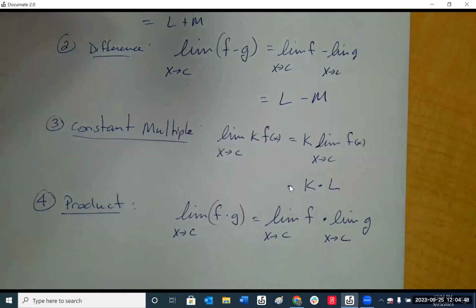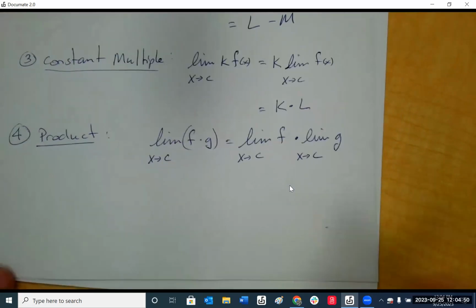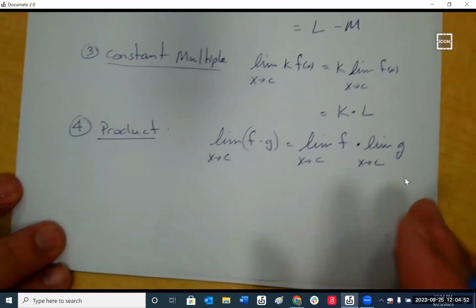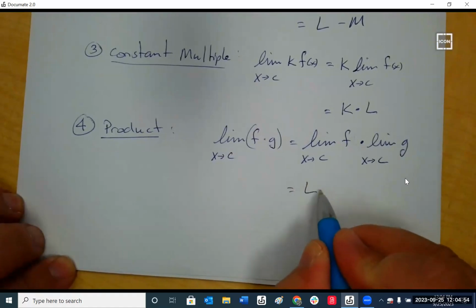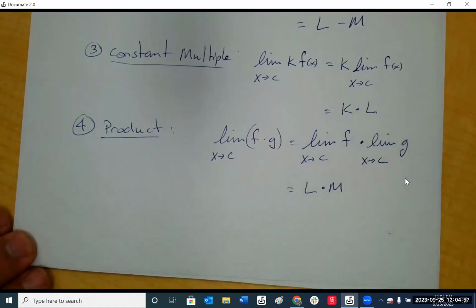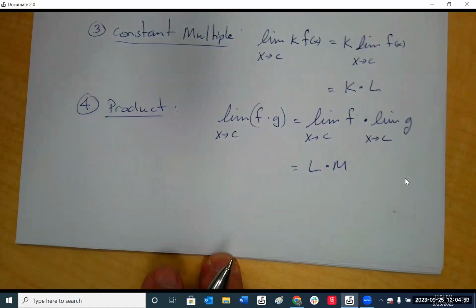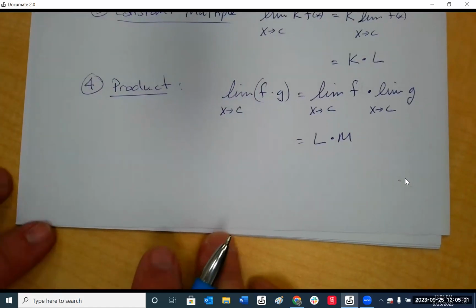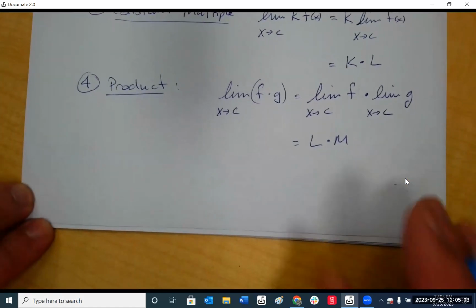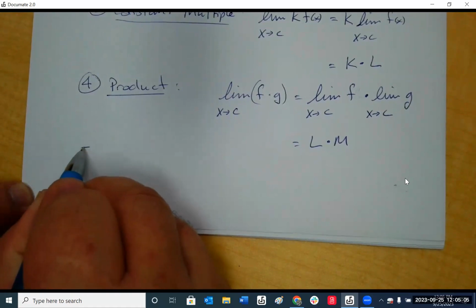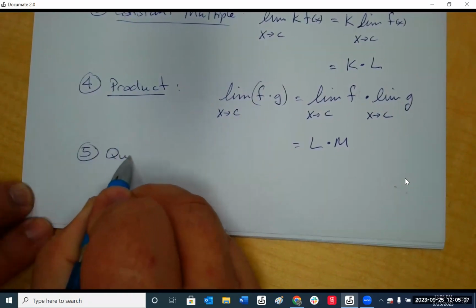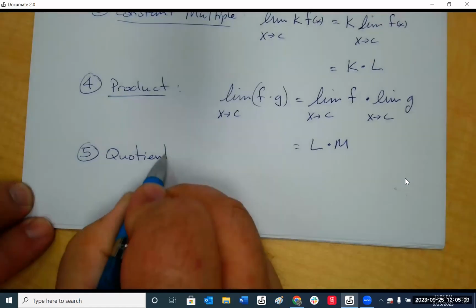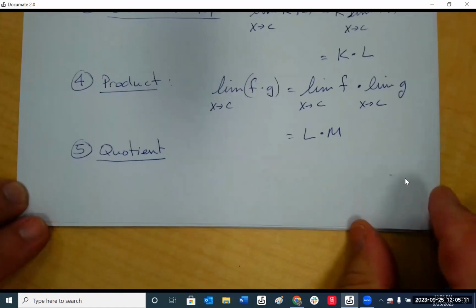So I split them up as the separate limits of each other. So that becomes L times M. The quotient property.